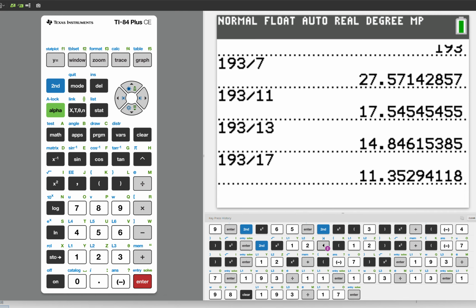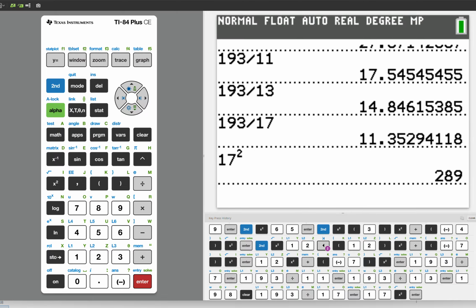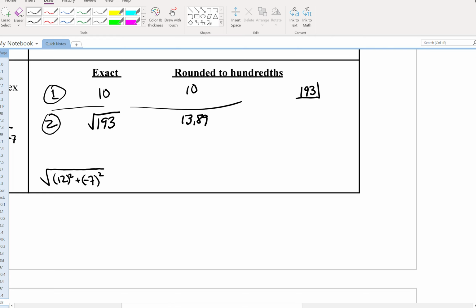Nope. And when you get to 17, 17 squared is 289. So we've gone far enough. None of those prime numbers are divisible into 193, which means probably that 193 itself is actually prime. So we would just leave this as our answer.